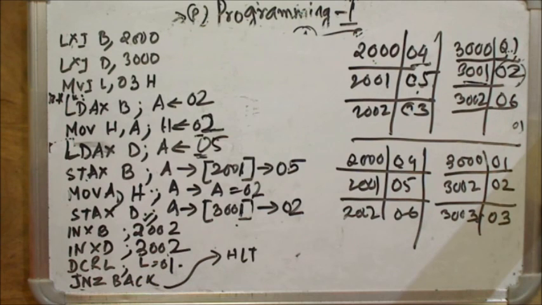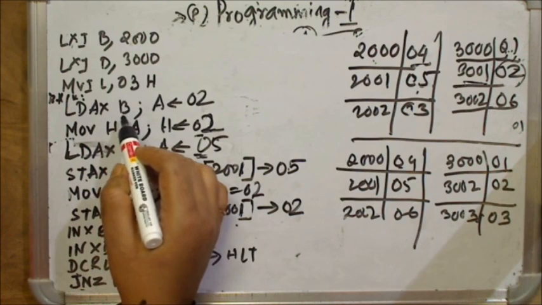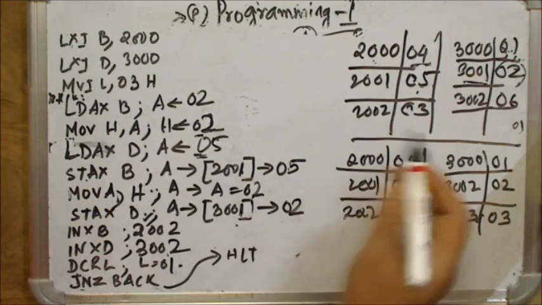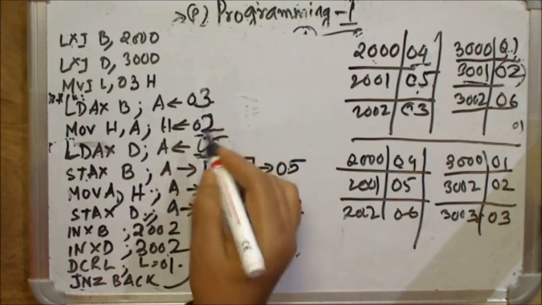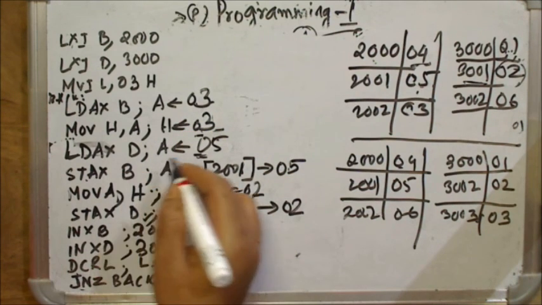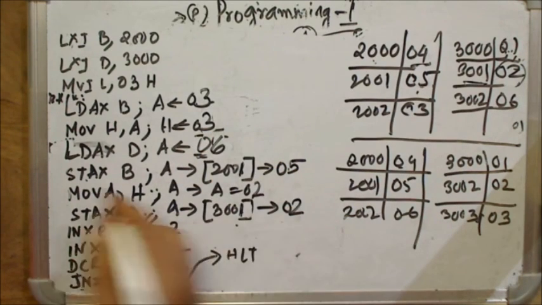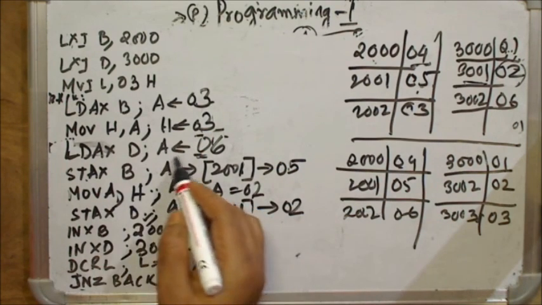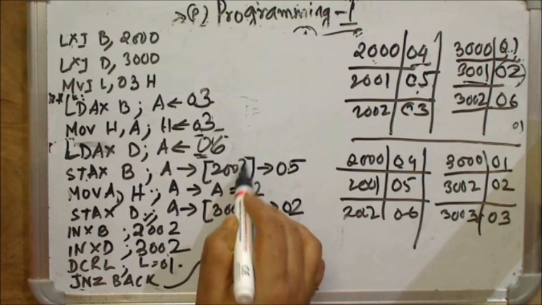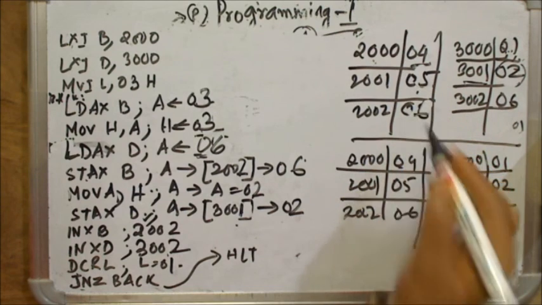DCR L, L will become 1, JNZ back, again it will go here. So now A will be loaded with the data located by BC pair, that is 03. Then we will move into H, that is 03 will go to H. LDAX D, A will be loaded with now 06. STAX B, what is there in A will be stored in 2002, that is 2002 will get now 06.